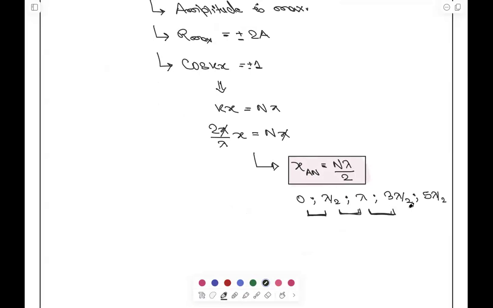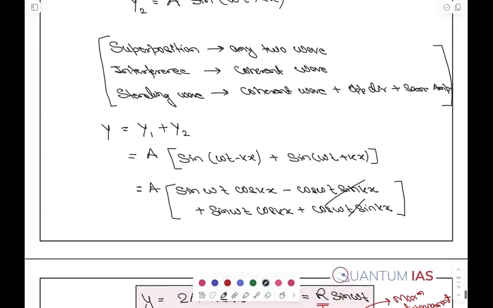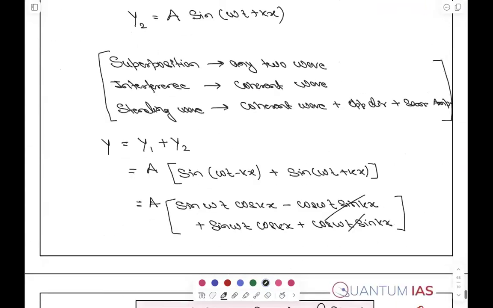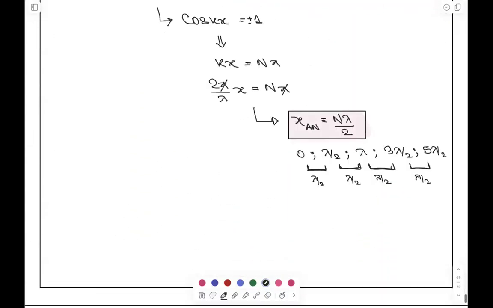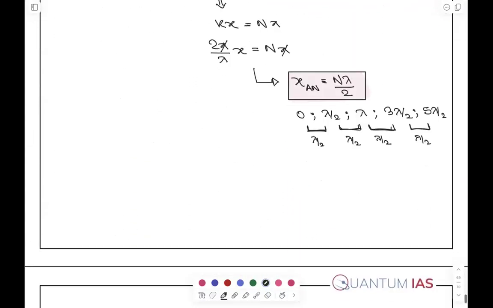So at every lambda by 2 we are getting an antinode. If we have considered this equation, A sin omega t into x, this will be my equation. Again, if you change the equation, this will change. It is just for the calculation that we have done.